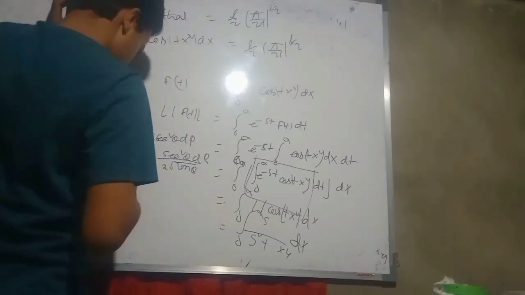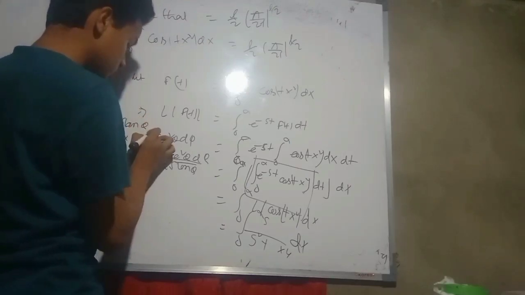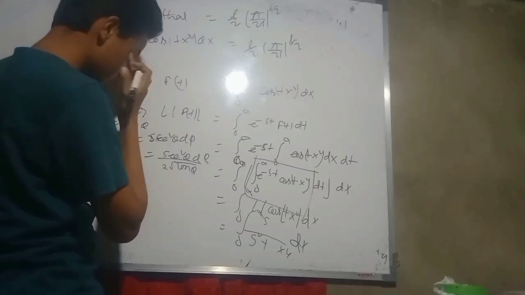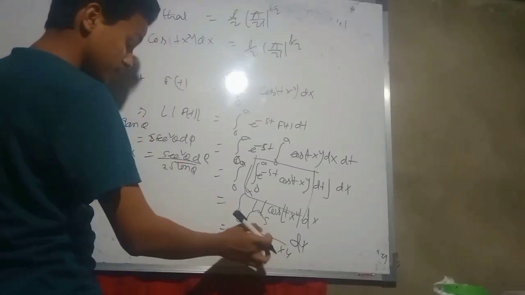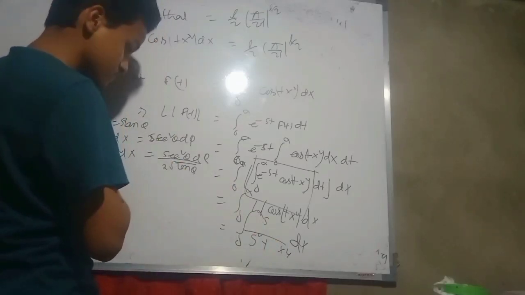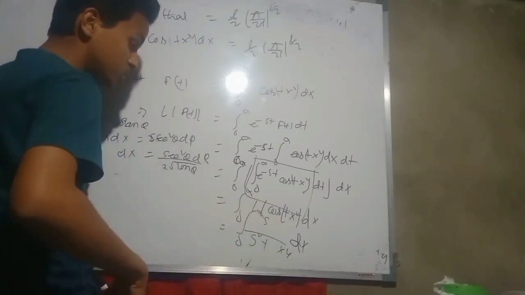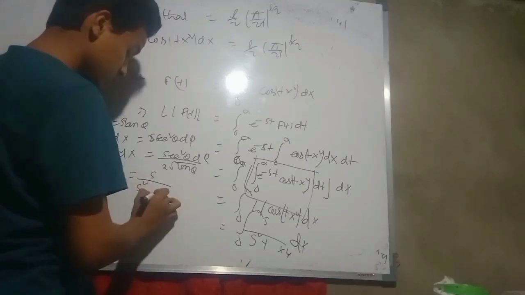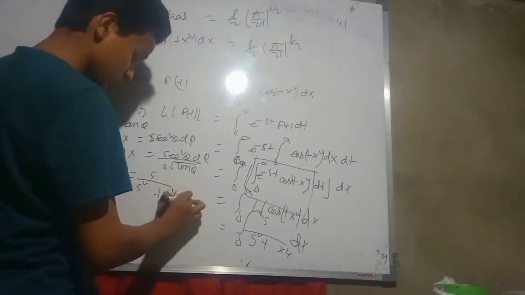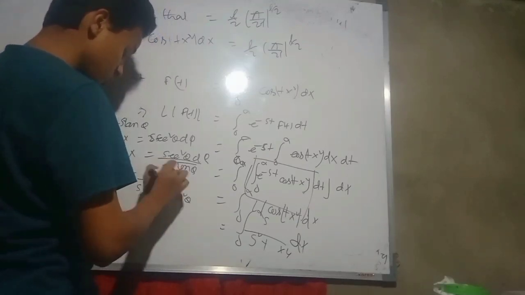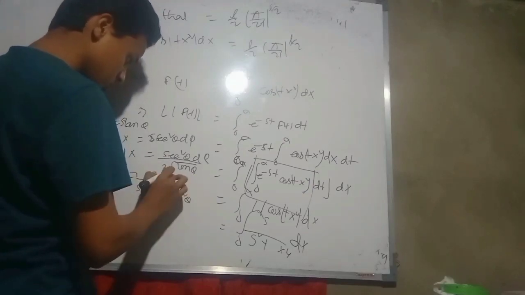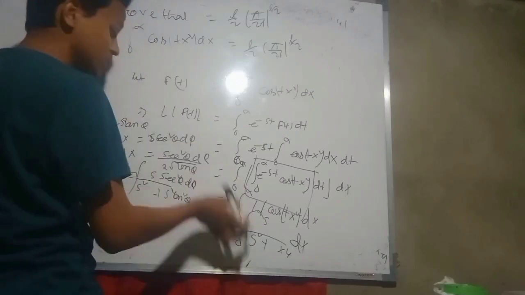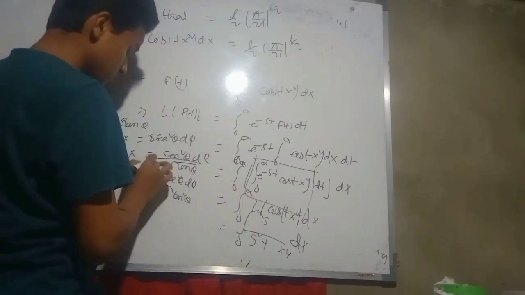Let's suppose x square equals s tan theta. When we put the value in equation 1, that gives us s square plus s square tan square theta, and sec square theta d theta. When we change the limit of integration, we get pi by 2.